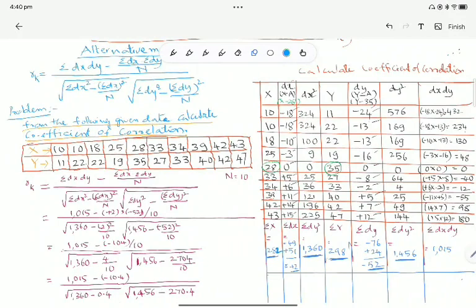Again 22 minus 35, the dy value is minus 13, and I am showing the dy square value simultaneously, explaining it so you do not get any confusion.